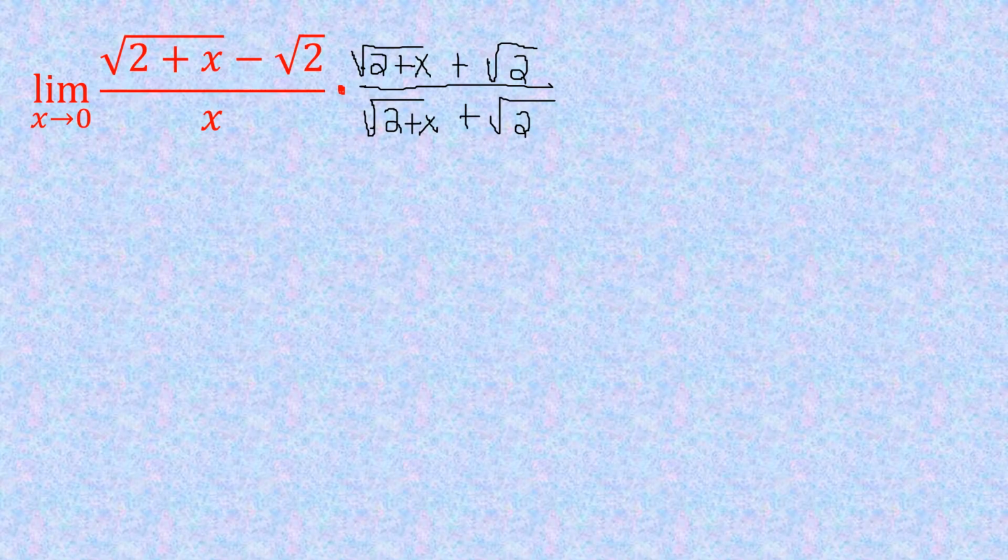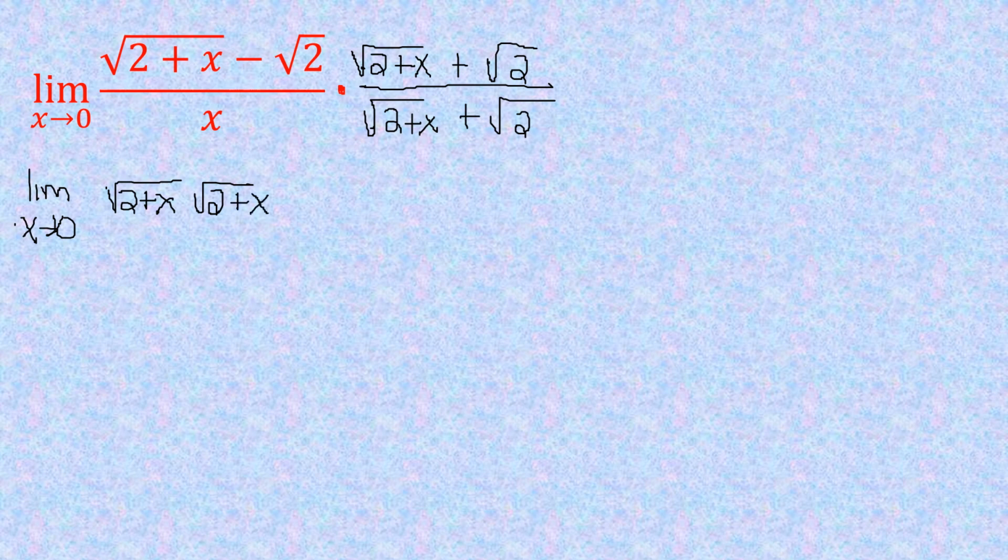Okay, so we're going to use FOIL to multiply this. So we're going to have the limit as x approaches 0 of, so to use FOIL, I'm going to do radical 2 plus x times radical 2 plus x. So I'm multiplying the first terms of each.